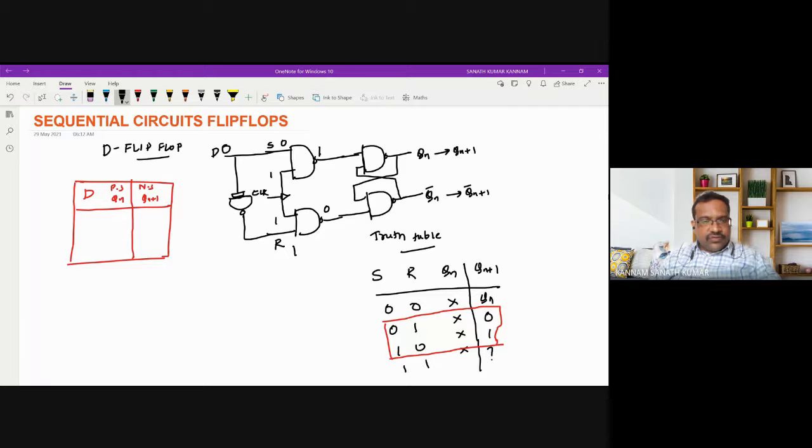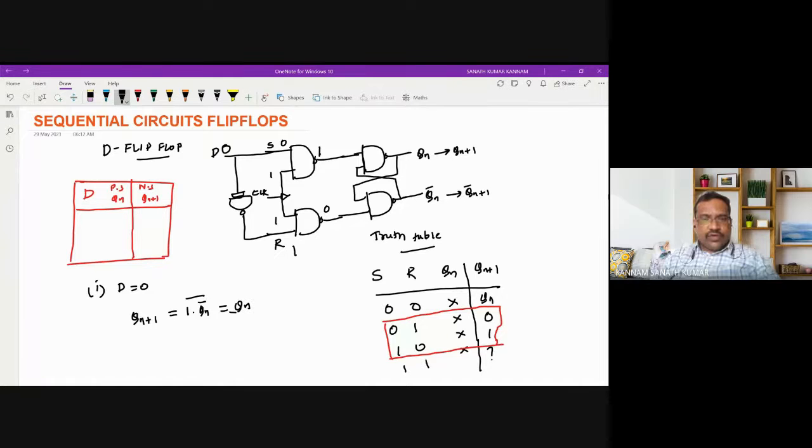Let us consider this as case 1, when D equal to 0. So Qn plus 1 equal to what? Analyzing Qn plus 1, one of the feedback inputs is Qn bar whole bar, which is equal to Qn.